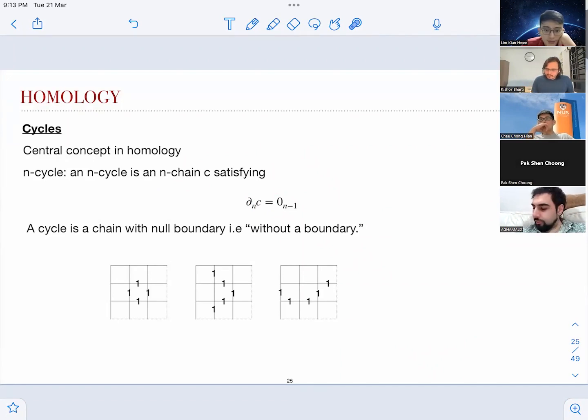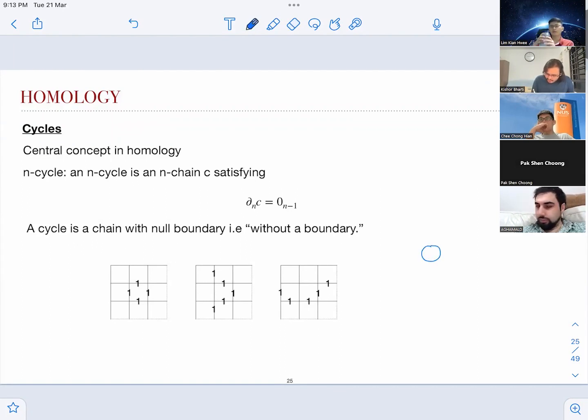So you can think of it as a chain which does not have a boundary. That's a cycle. So for example, if you look at the object that you have here and apply the boundary map, you will get 1 1, so that will be again 0.